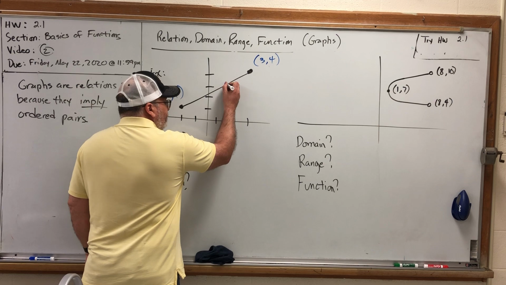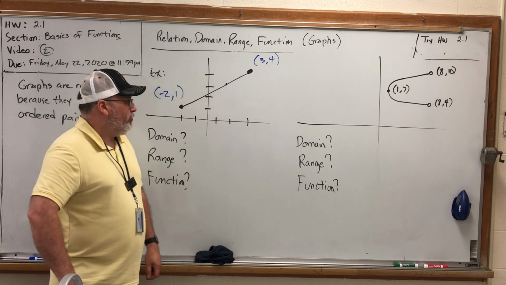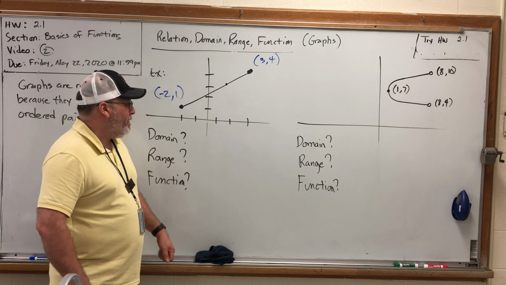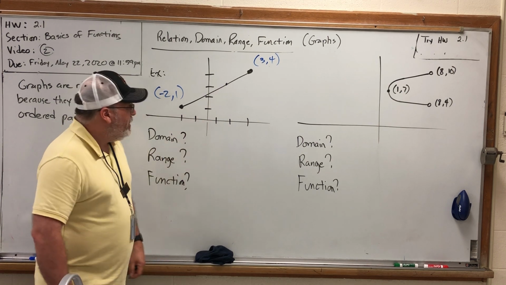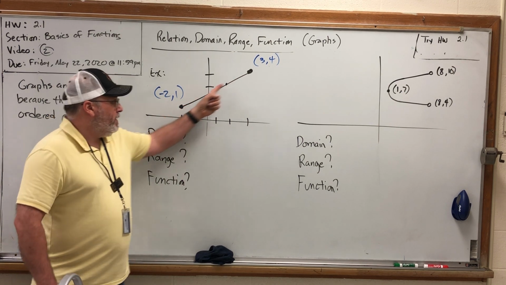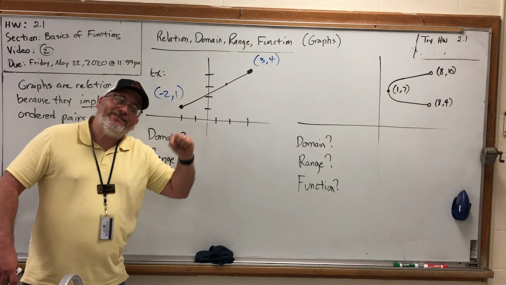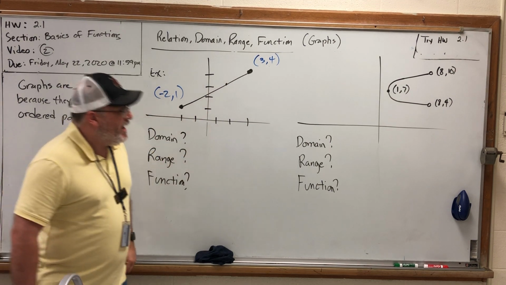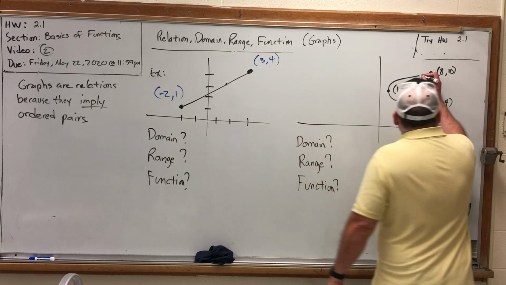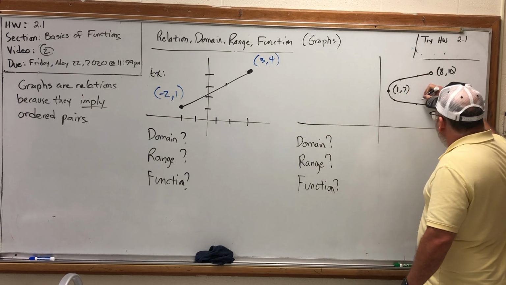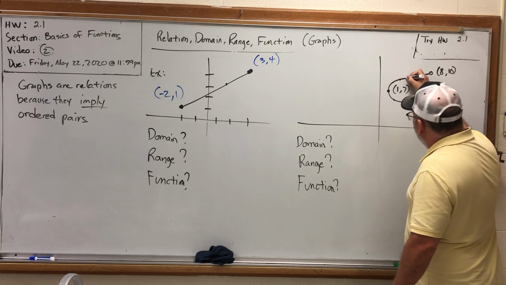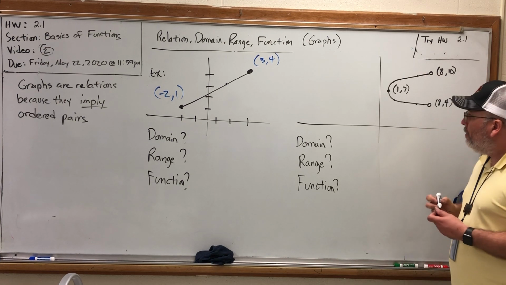What's this point? Well, I didn't draw it super accurately, but if it were drawn perfectly, and maybe if I had a ruler, I could measure how far over and how far up it is. So I may not know what each ordered pair is, but I know each point has an ordered pair associated with it. And the same thing over here. Every point on here has an ordered pair associated with it. We may or may not know its exact coordinates, but we know that it represents an ordered pair.